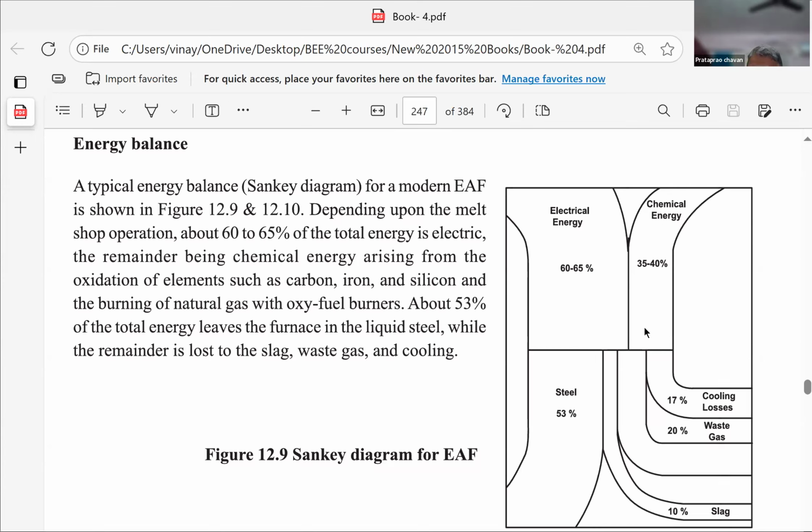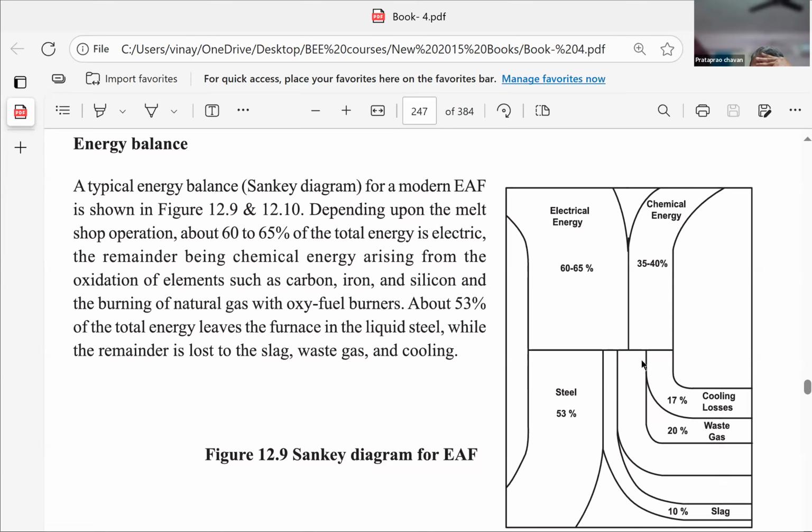This is chemical energy. Now you will wonder what chemical energy is. When electricity raises the temperature, the impurities in the steel start burning. And any burning process is exothermic. They also give out some heat. That percentage of heat coming from burning impurities is 35 to 40%.